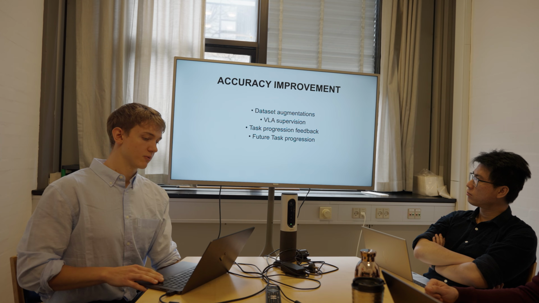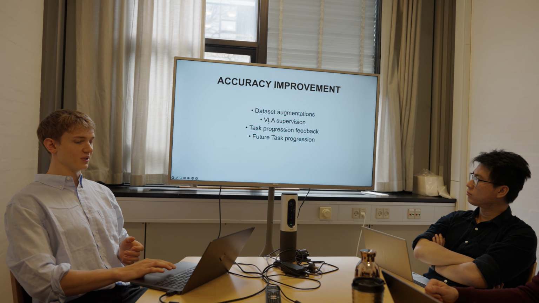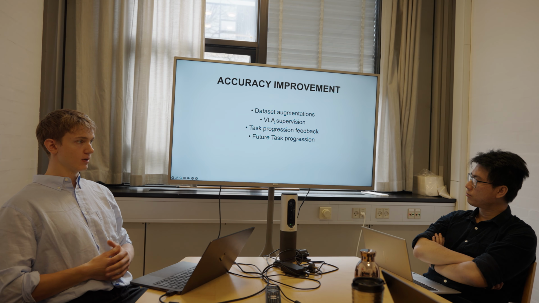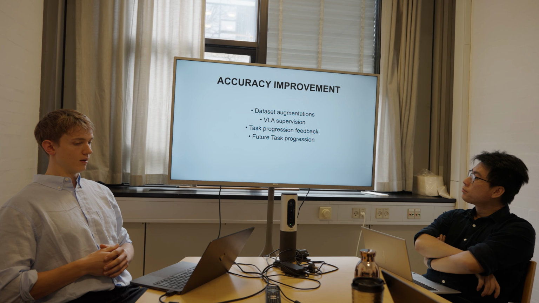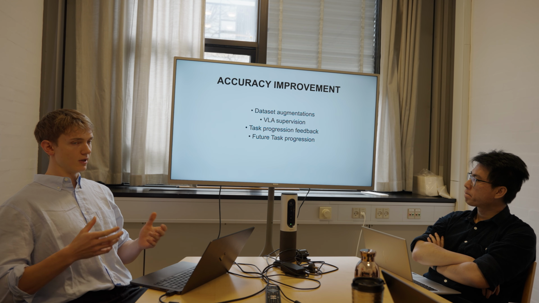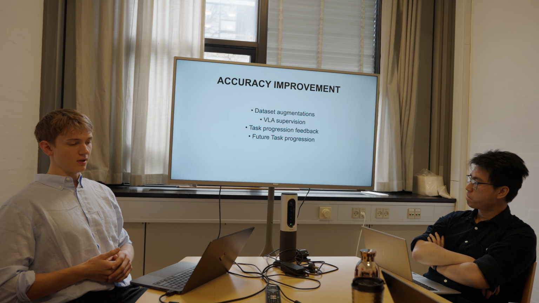We consider different accuracy improvement methods such as data augmentations, VLM supervision, task progression feedback, or future task progression. We explored a little bit these areas. We were lucky enough that a lab in Vietnam contacted Professor Tran. They developed this method called FOCA that uses also future task progression.